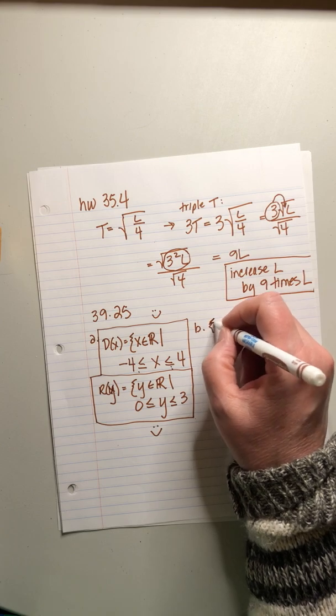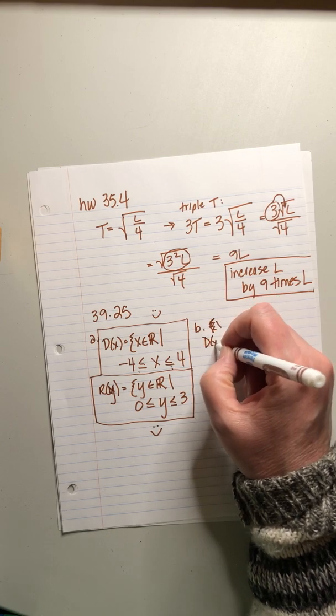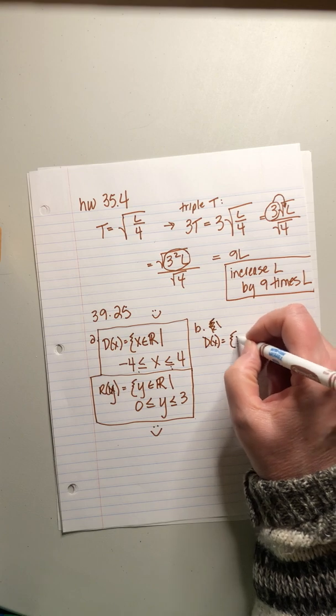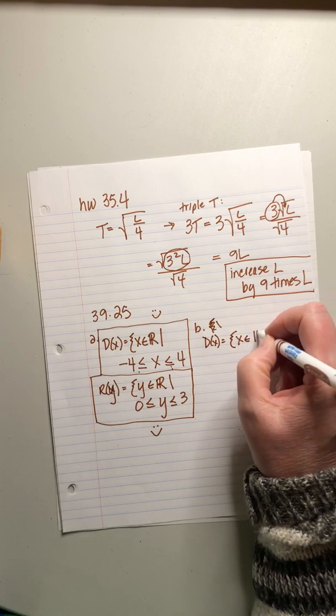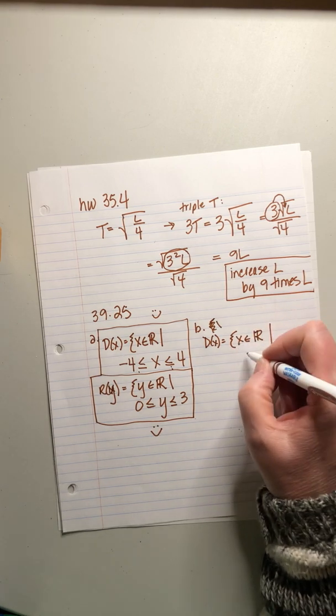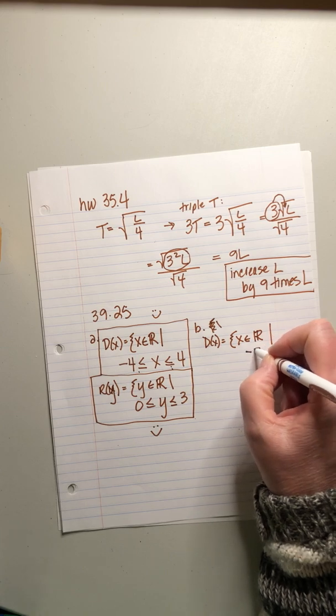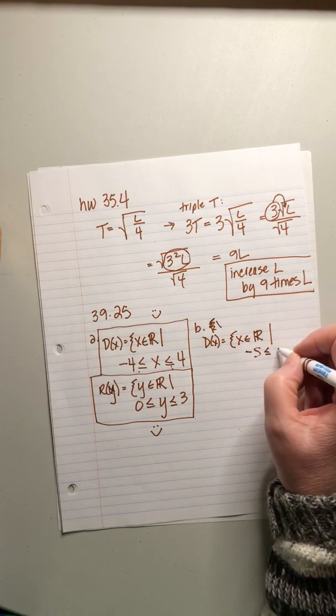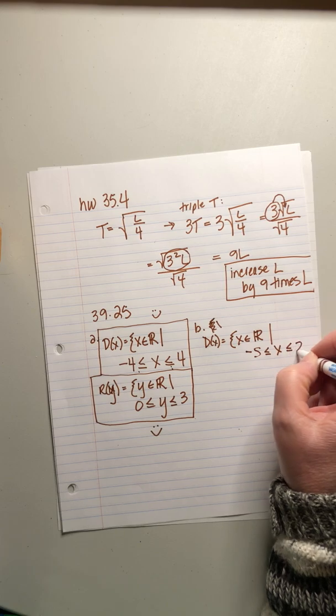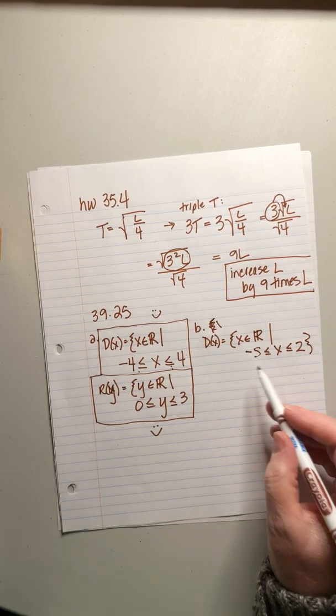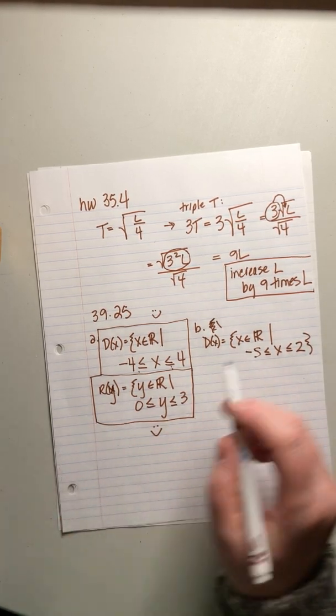Domain of x equals x such that it was between -5 and 2, right? And we just got it from looking at the picture. That's how easy it is.